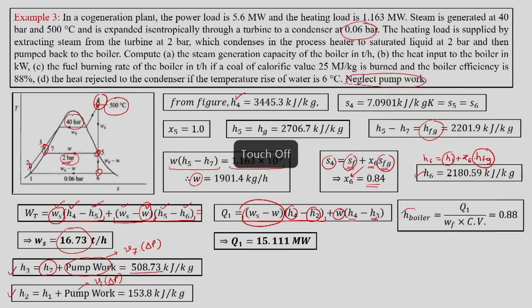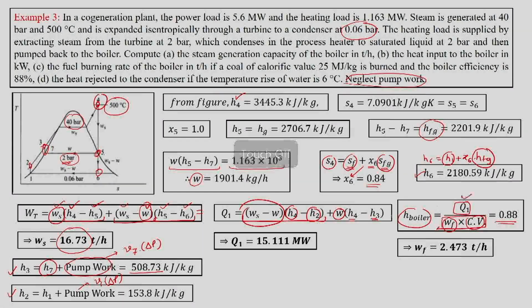But efficiency of boiler is given as 88%, where efficiency of boiler can be said as amount of heat given divided by amount of heat liberated in combustion. So this is calorific value into mass of fuel. So Q1 is evaluated from earlier step, calorific value is given, then we can find out Wf, which is 2.473 tons per hour.